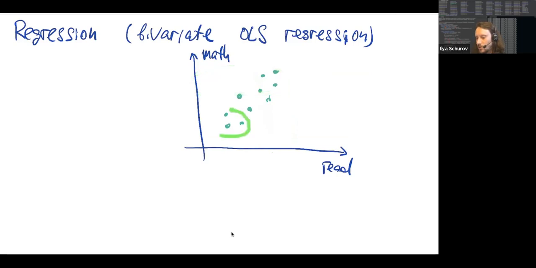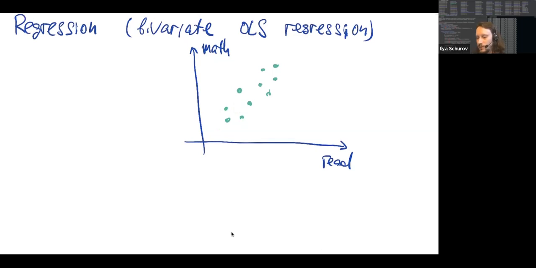If we see a small reading score, we see also a small mathematical score. And this idea that two numeric variables can be related in this way can be discussed in terms of correlation, as we did at the previous lesson.